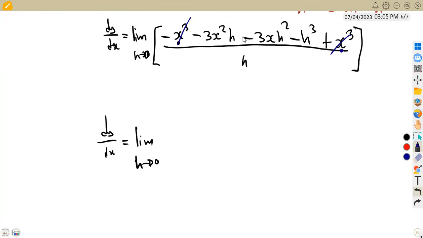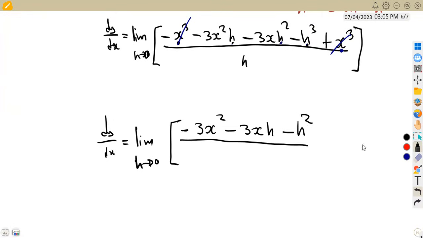But if we check the remaining terms, they've all got h, so we can factor out that h. By factoring out h here, we remain with minus 3x squared. If we factor out h here, we remain with minus 3xh, and if we factor out h here, we remain with minus h squared.